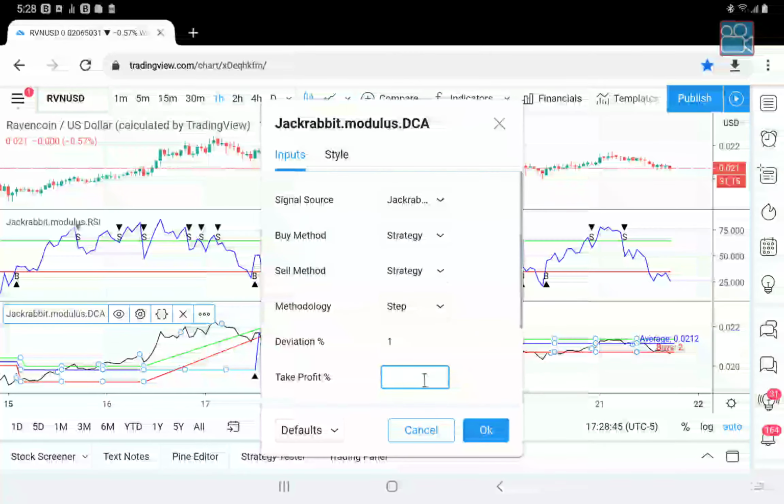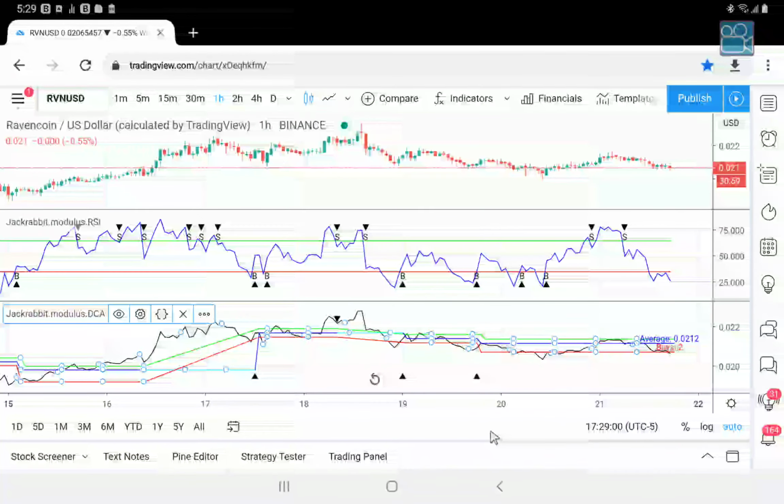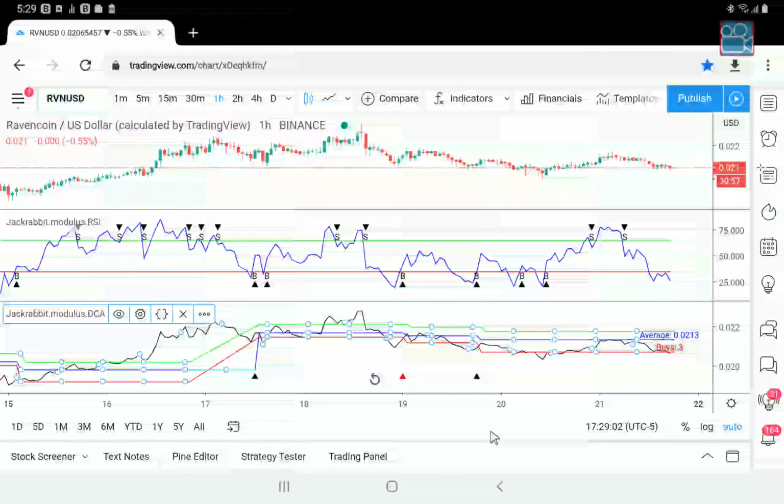Let's say I'm on Coinbase Pro. Well, Coinbase Pro has a total fee of 1%. So if I'm going to make any money on Coinbase Pro, I need a take profit of 2%. Not a problem.